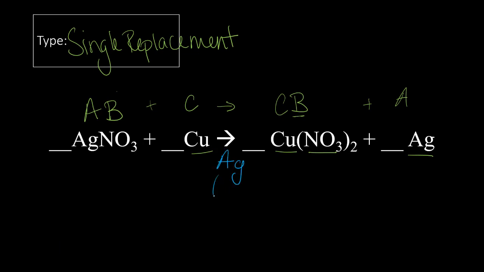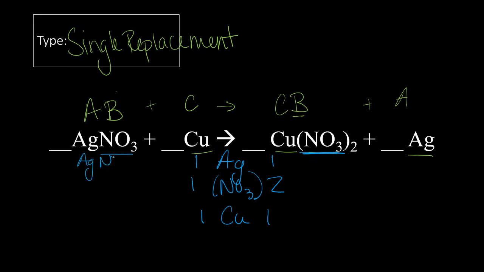I have silver. I'm going to keep nitrate as one thing because it's the same on both sides of this reaction, and then copper. Count it up. 1 silver, 1 nitrate, 1 copper on the left, 1 silver, 2 nitrates, 1 copper on the right. The only thing that's off balance here is the nitrates. I need another nitrate on the left.